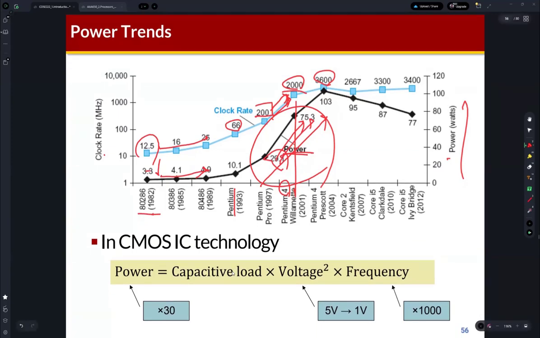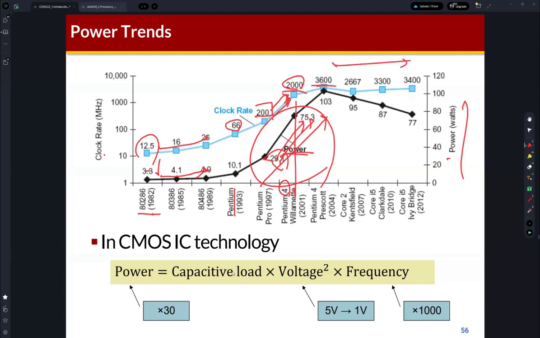There's no ideal thing in the real world, right? There's no free riding or free stuff in the real world. So in order to increase the performance, the cost is also increased. At this point, the clock frequency reaches 3.6 gigahertz.